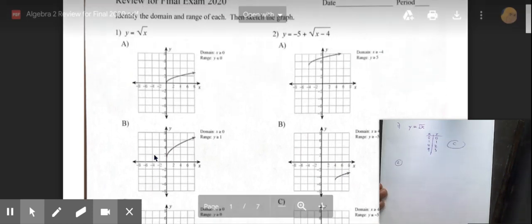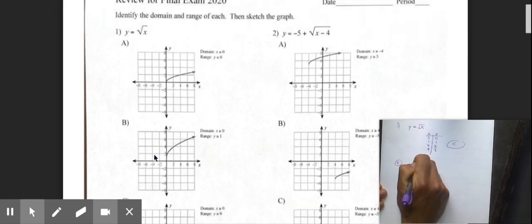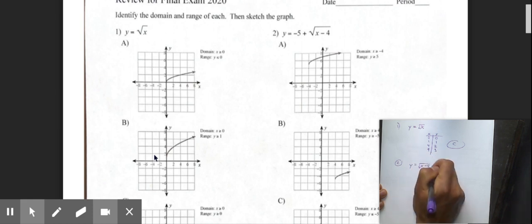Number two is also a square root function. However, they rearranged it so that it is transformed. It is translated to the right 4 and down 5. So the new vertex is going to be at 4, -5.